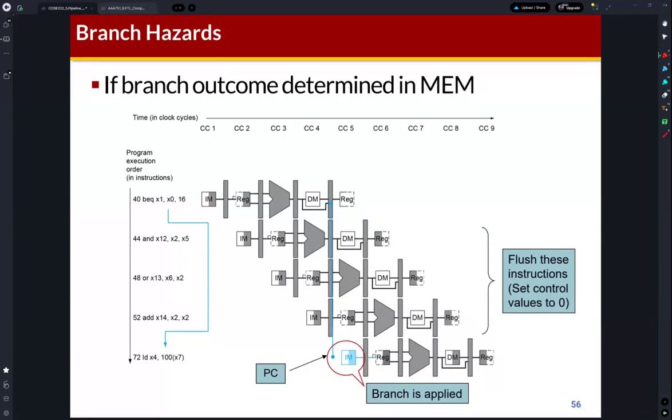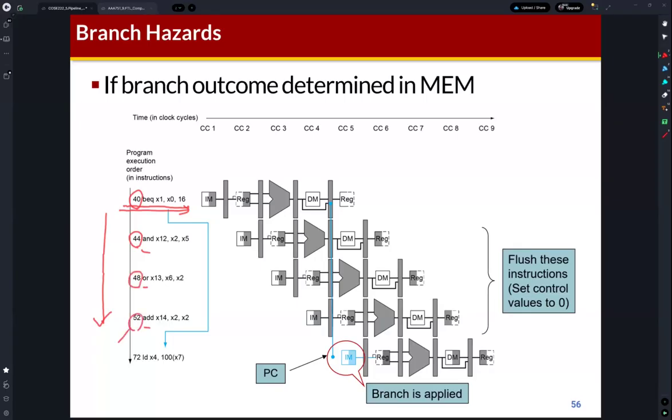Let's think. I will take the example of branch instructions. This is the example of instructions. You can find the BEQ here, and also the next instruction, an add instruction.